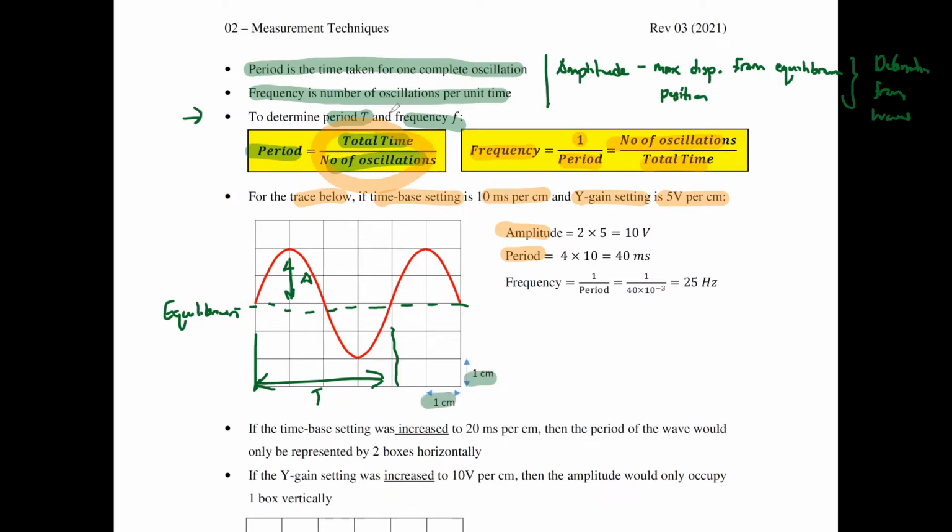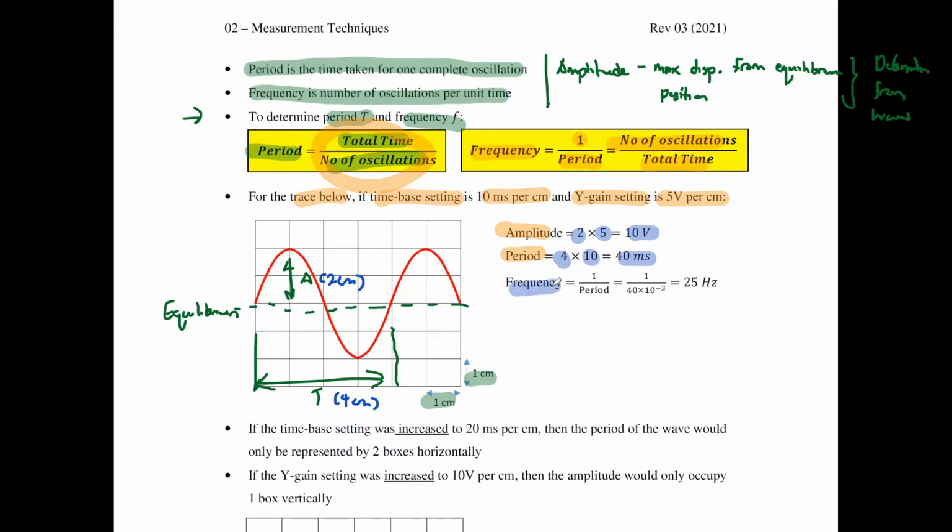So the amplitude here, since it occupies 2 boxes, is 2 centimeter, whereas the period, since it occupies 4 boxes, is 4 centimeter. So the amplitude will be 2 centimeter multiplied by 5 volts per centimeter, giving me 10 volts. Whereas period is 4 centimeter multiplied by 10 milliseconds per centimeter, giving me 40 milliseconds.